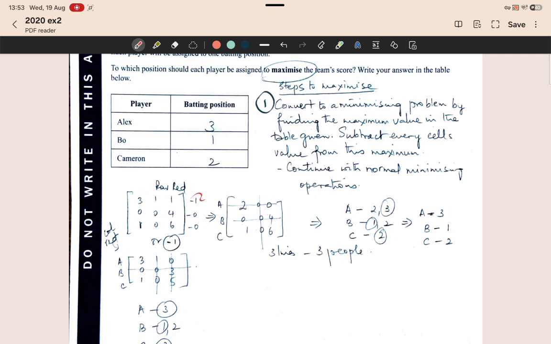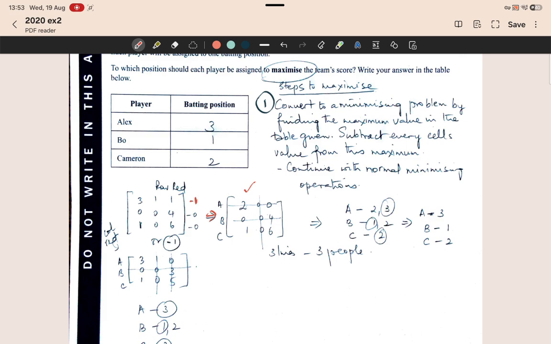So we do a row reduction by subtracting the lowest value in that particular row, 1, and of course the rest are all 0 because the lowest value is 0. And that gives you this table with the following values. So 3 take away 1 is 2, 1 take away 1 is 0, and 1 take away 1 is 0, and the remaining stay the same.